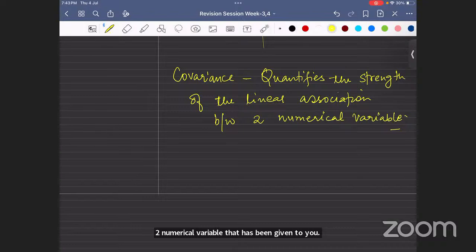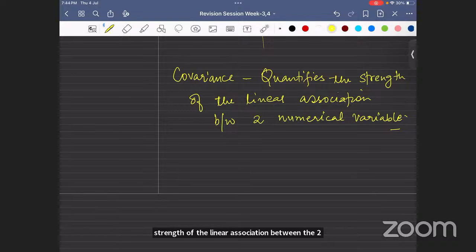So this is pretty simple. The covariance that you are calculating just tells you the strength of the linear association between the two numerical variables.